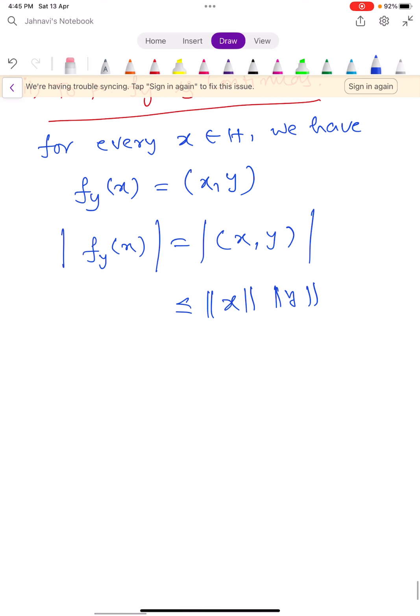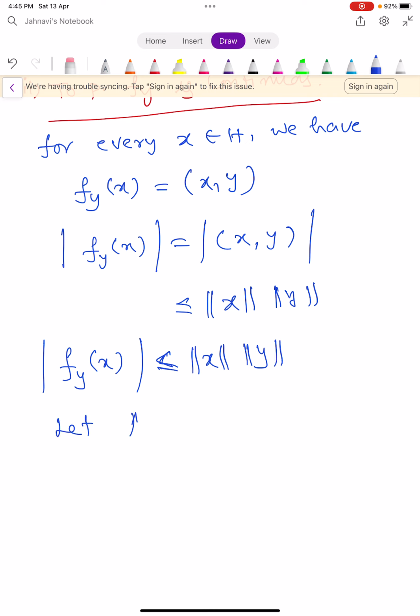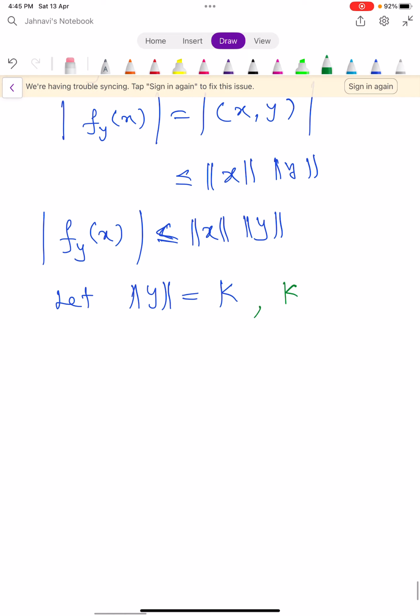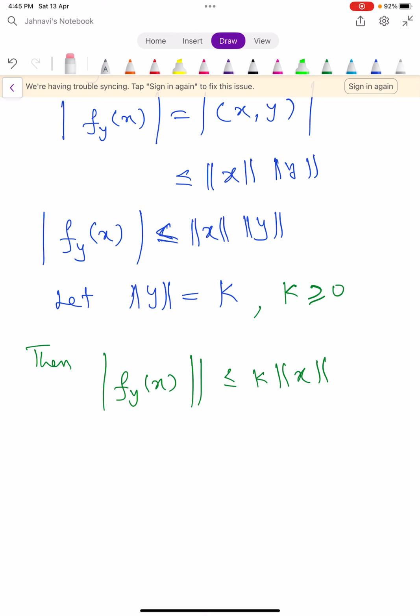Therefore mod fy of x is less than or equal to norm x into norm y. Let us take norm y equal to some constant k, where k is greater than or equal to 0. Then obviously mod fy of x is less than or equal to k into norm x.